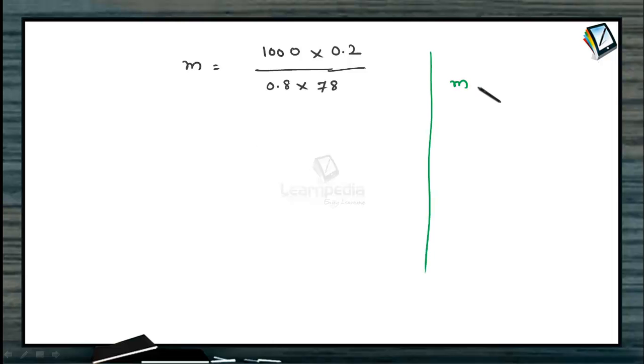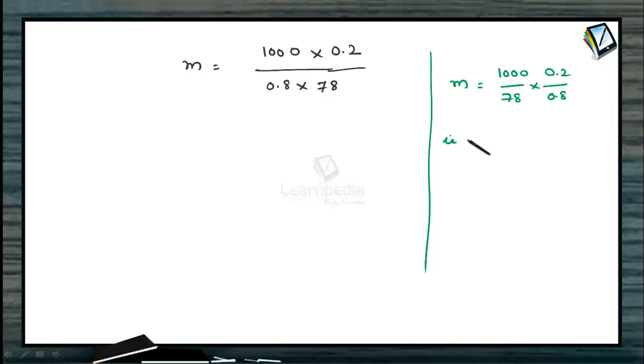Therefore, molality is equal to 1000 into number of moles of solute, that is 0.2, by 0.8 into the molecular weight of the solvent, which is 78. In other words, molality is equal to 1000, where 1000 is the fixed number, by 78, that is molecular weight of the solvent, into mole fraction of iodine by mole fraction of benzene.